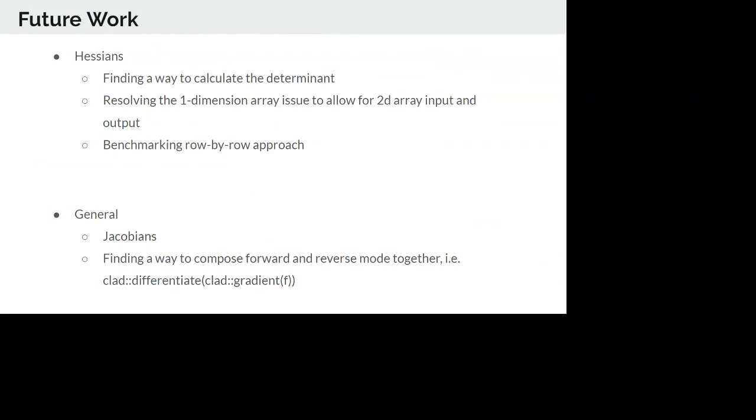And finally, we'd like to find a way to mix and match the forward and reverse mode of the CLAD API, so that CLAD differentiate and CLAD gradient can be used together.